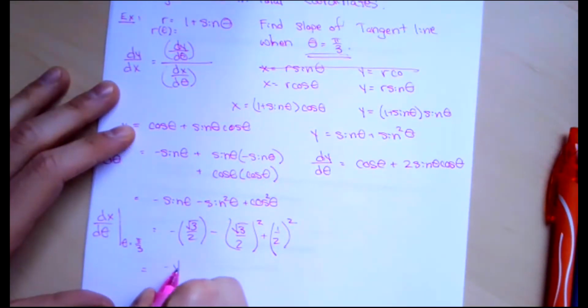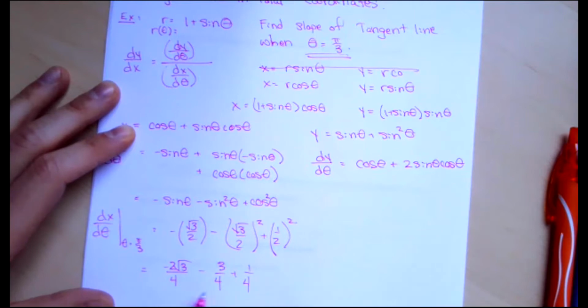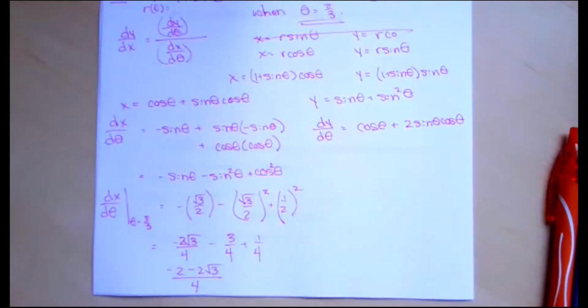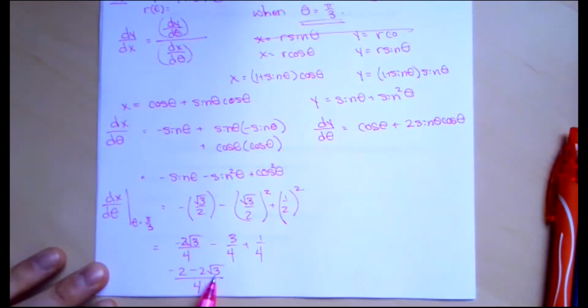So it looks like we've got negative square root of, let's write it as negative 2 square root of 3 over 4, since our denominators here are going to be 4, minus 3/4 plus 1/4. And so it looks like we've got negative 2 minus 2, so minus 2 square root of 3 over 4 for our dx/dθ.